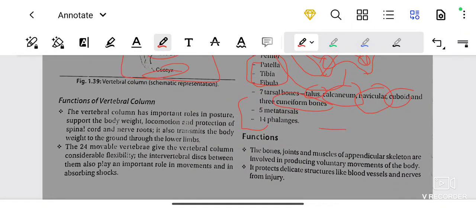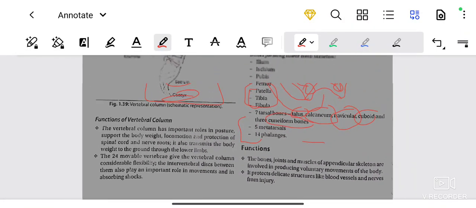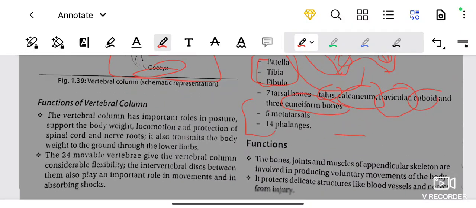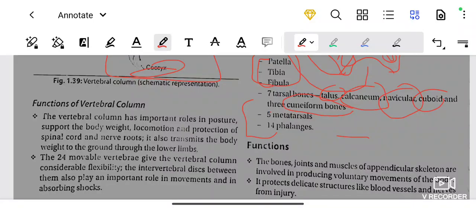Okay, now the functions of the vertebral column. The vertebral column has an important role in maintaining posture, supporting body weight, locomotion, and protection of the spinal cord and nerve roots. Locomotion means movement of joints and bones. It transmits the body weight to the lower limbs.